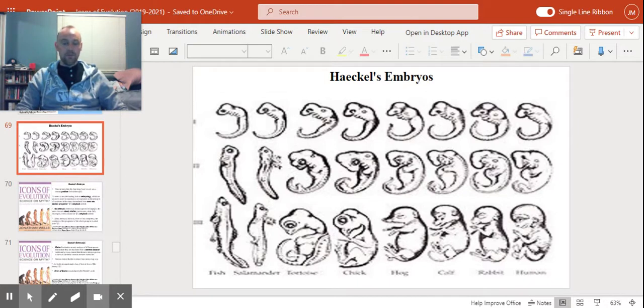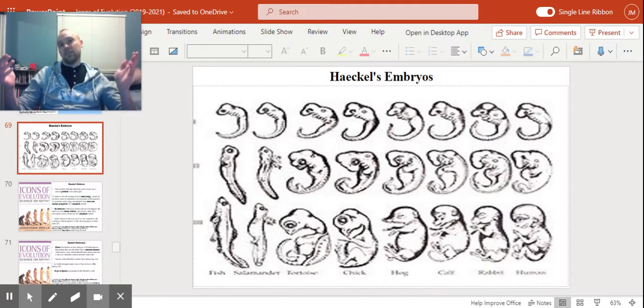Haeckel's embryos are often used as an argument for evolution, arguing basically that because embryos look similar in their earlier stages of development, that therefore that indicates a common ancestor between them.